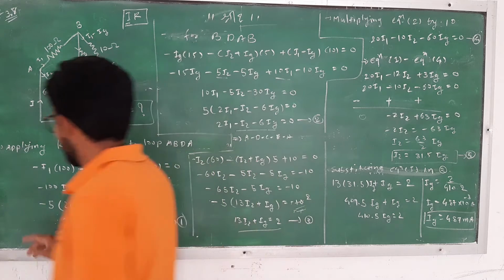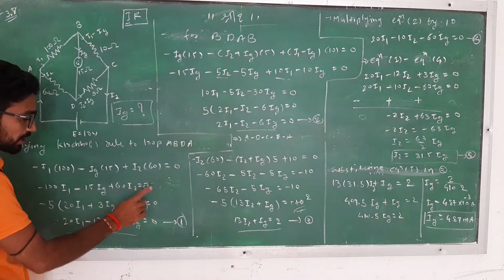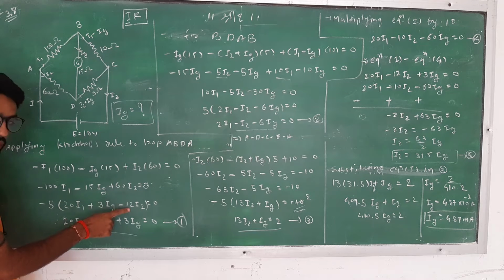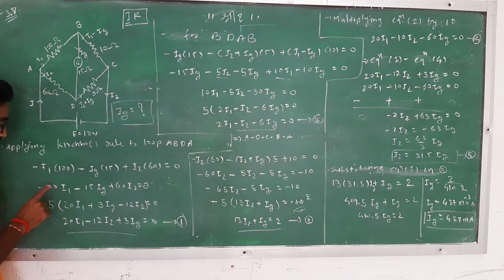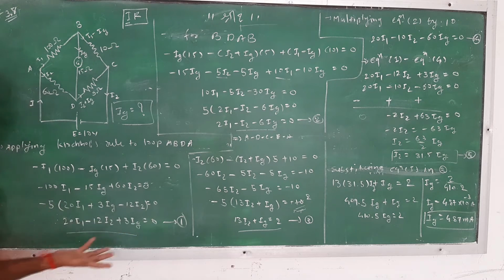Now simplify this equation: minus 100 I1, minus 15 IC, plus 60 I2 is equal to 0. Taking minus 5 common, the remaining terms are 20 I1, since 20 into 5 is 100, then plus 3 IC, since 3 into 5 is 15, and then 12 I2 with a minus sign, since 12 into 5 is 60.